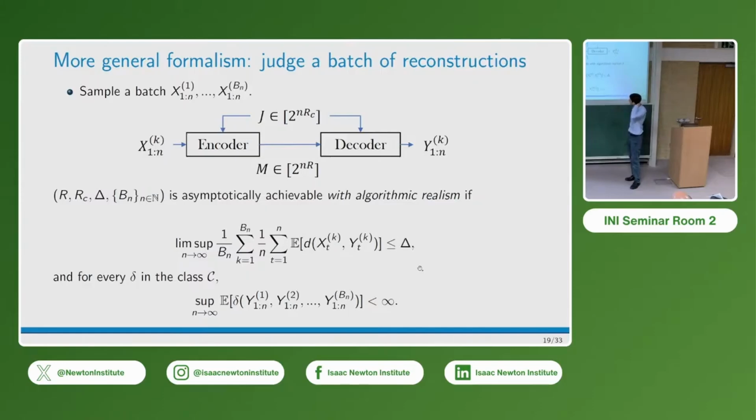And so again, we impose a level of distortion that can be chosen, this value delta, where you have exactly the same expression as before, except that now you have an average over the batch. So sequence X1 will be compared to Y1, and then sequence X2 will be compressed to Y2, etc. So this is nothing new, really. The first constraint is nothing new.